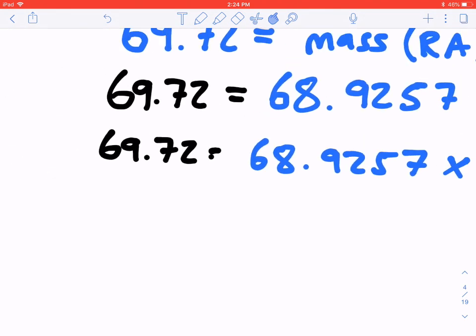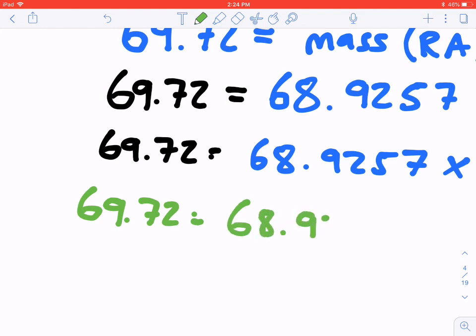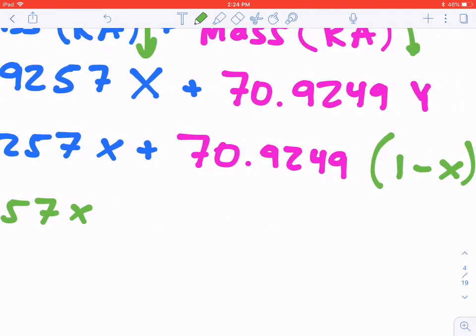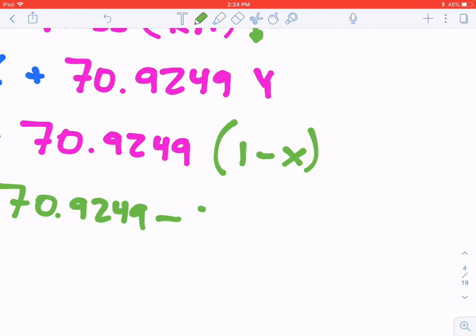Let's go ahead and rewrite everything out. We now have 69.72 equal to 68.9257x. Nothing has changed there. Let's distribute this one out. Plus 70.9249 times 1 is just 70.9249 minus 70.9249 times x.